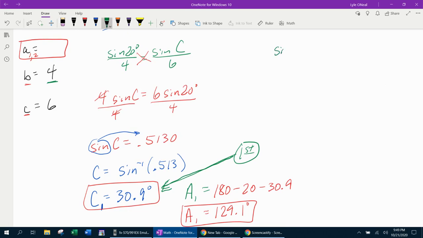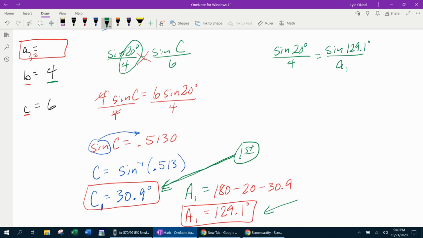So we're going to come over here. We're going to say sine equals sine. That's the template. Oh, don't forget, it's good to recycle. So the 20 and 4, we're going to recycle that. We're looking for little a1, which means we need to use angle A1, 129.1.